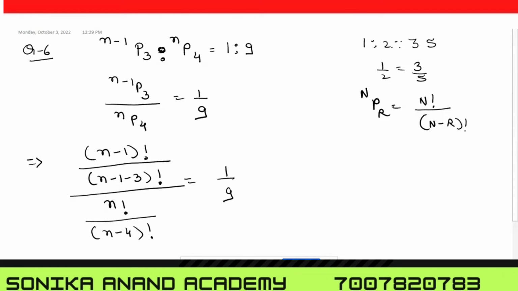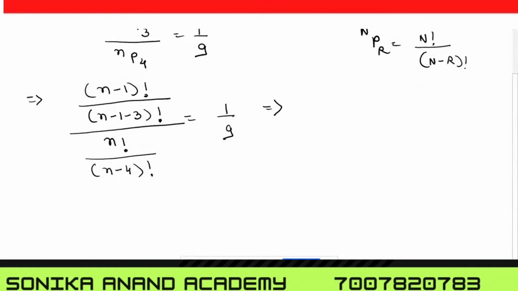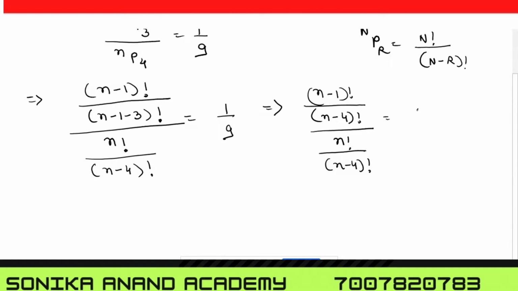So n minus 1 factorial over n minus 4 factorial, and 1 by 9. These two get cut down. Now n minus 1 factorial over n factorial is equal to 1 by 9.